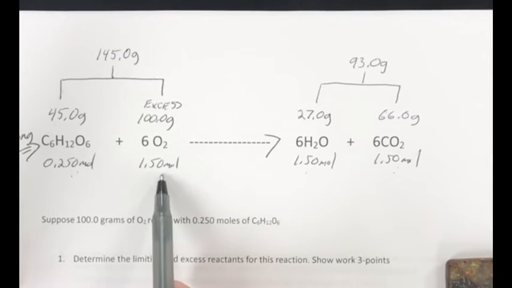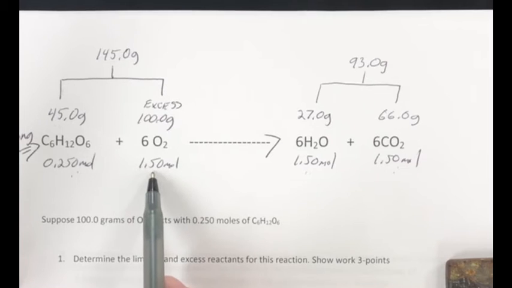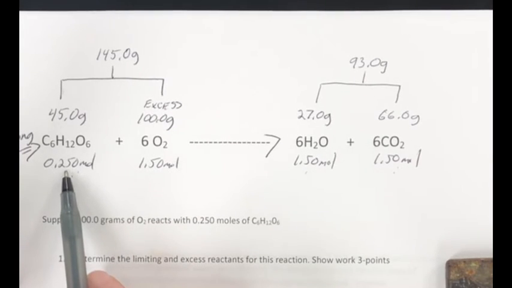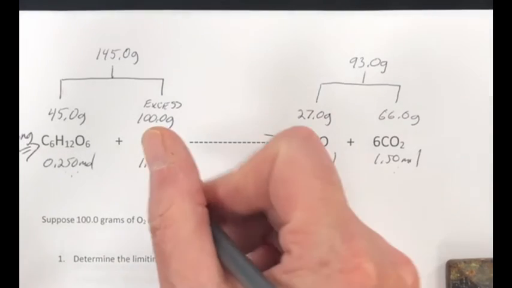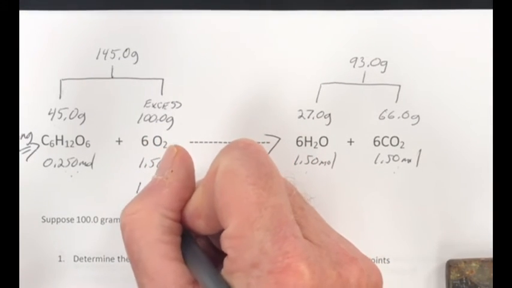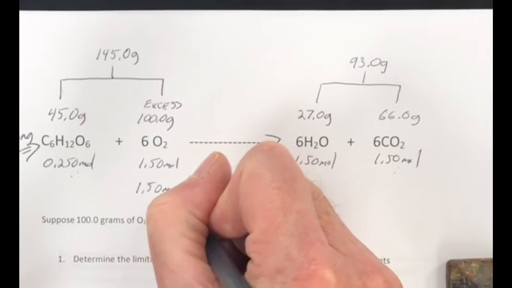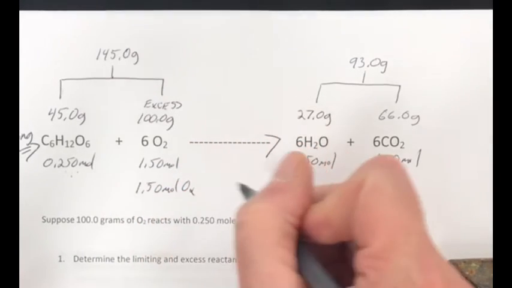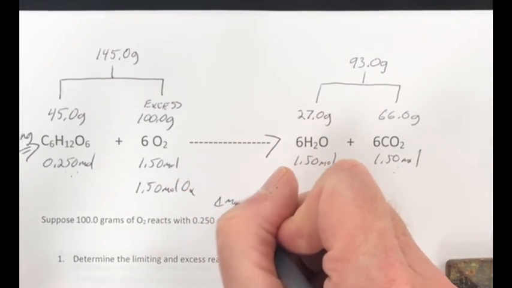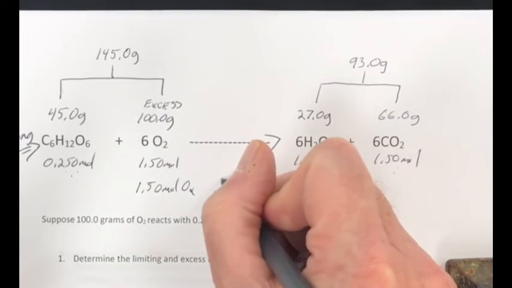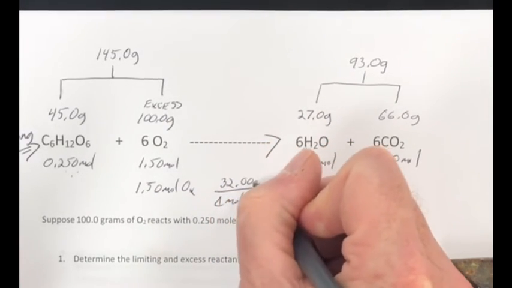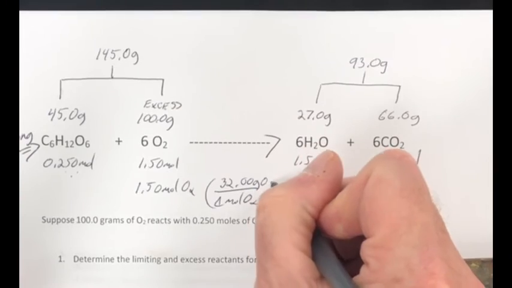I know that for a fact because that had to react with that many moles of the glucose. Well, let's see here. 1.50 moles of O2. We know that in 1 mole of O2, there's 32.00 grams of O2.